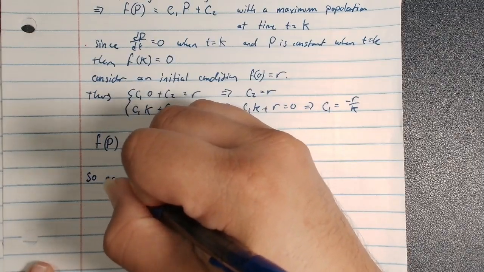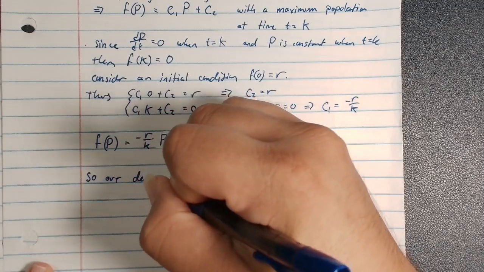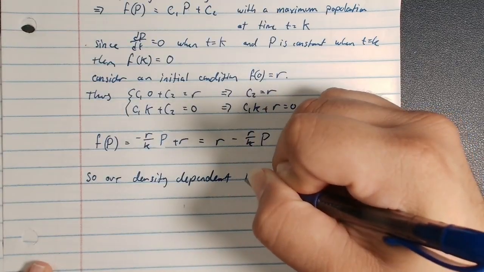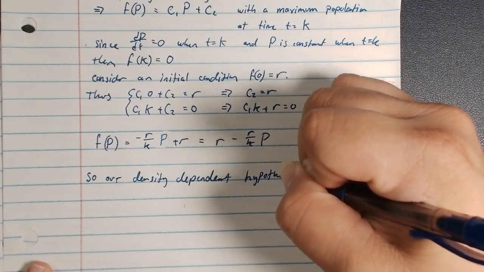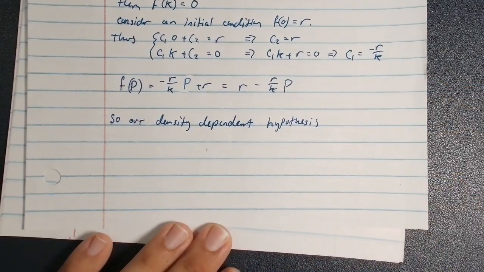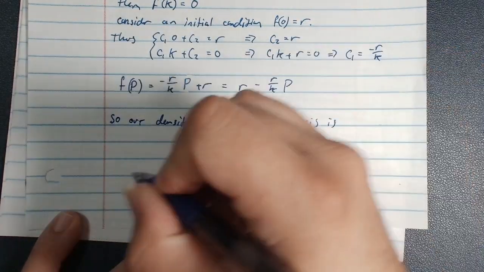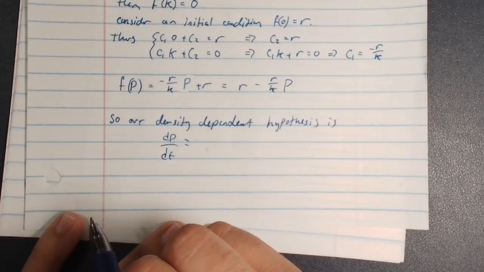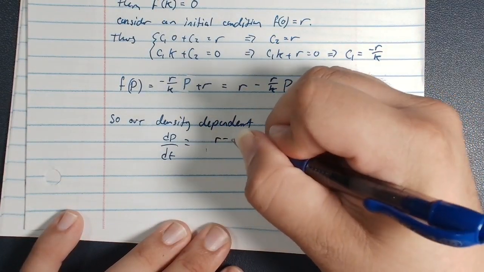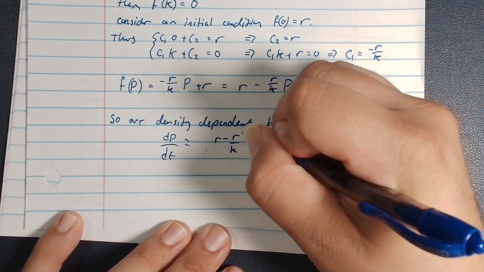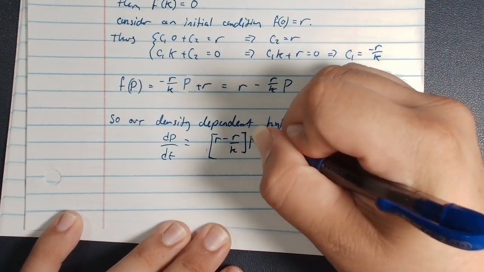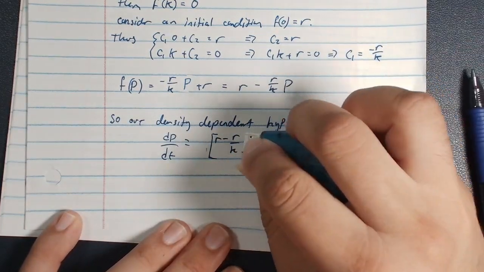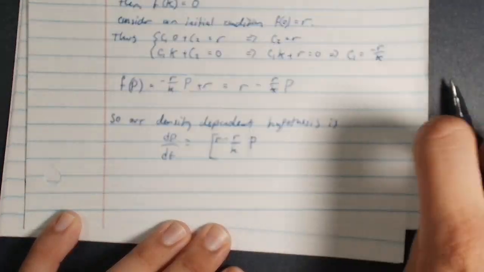So our density dependent hypothesis is going to become, let's see, dp dt is equal to my f of p, that is r minus r over k times p, not the whole thing, just like that.